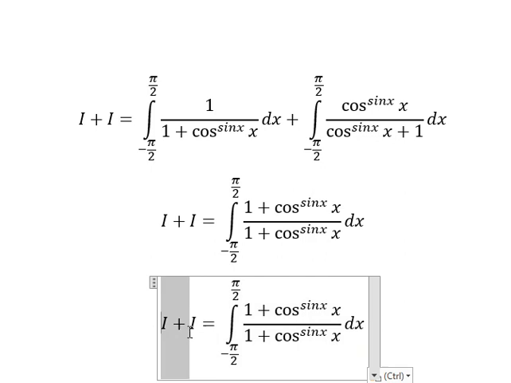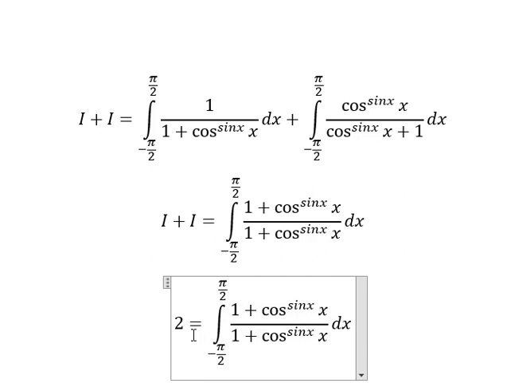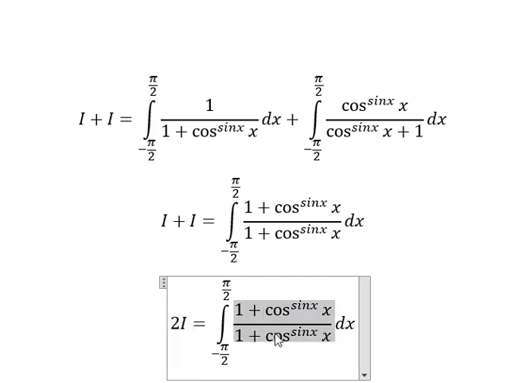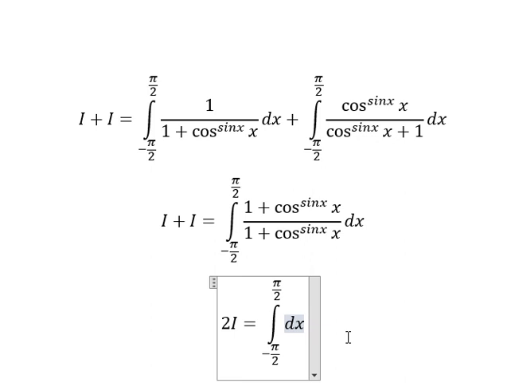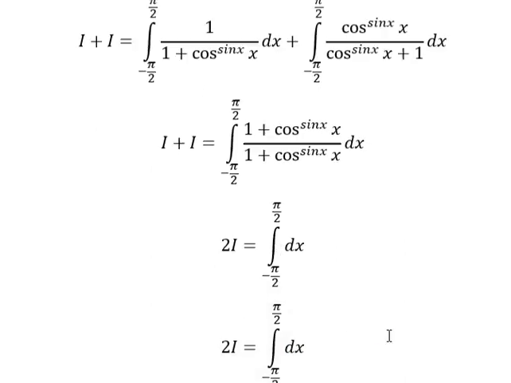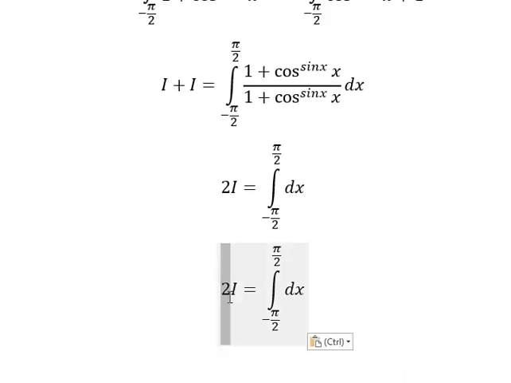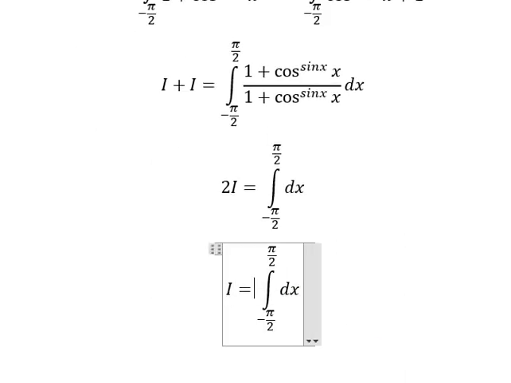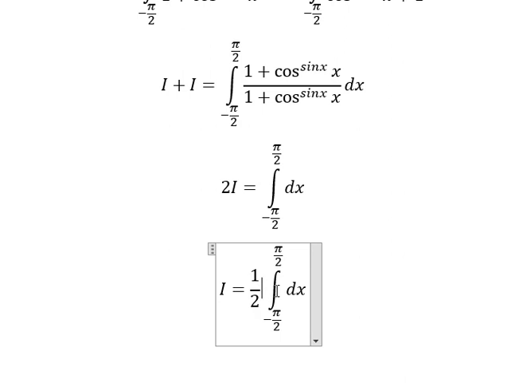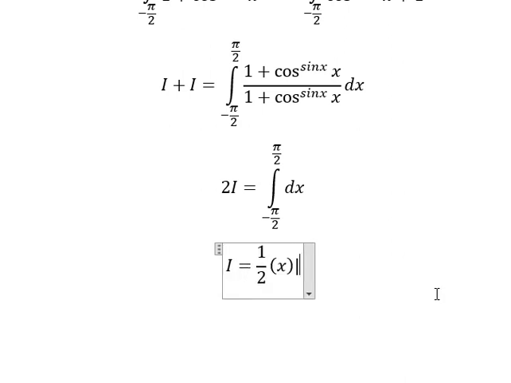So this one we have 2I. This one we simplify and we have the ds. After that we divide both sides by 2. The integration of ds, we have s, and I will put the bounds from negative b over 2 to positive b over 2.